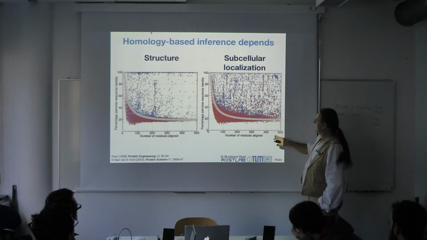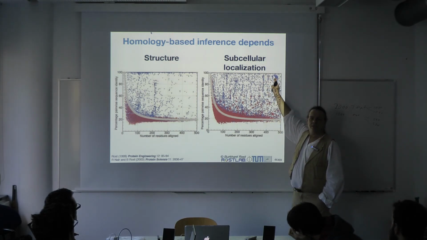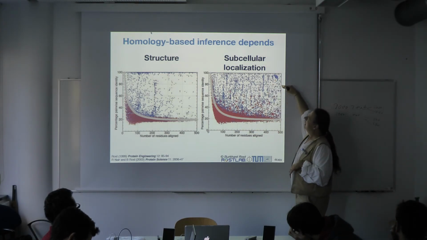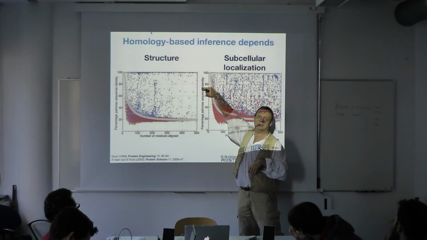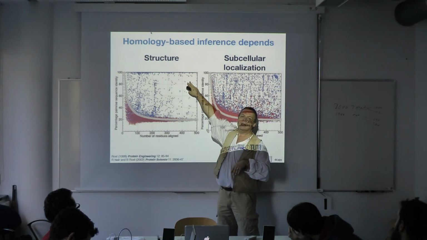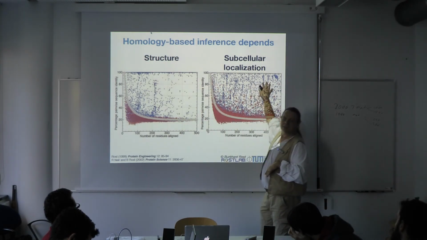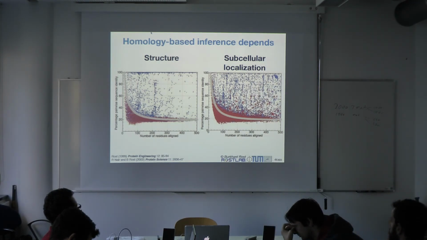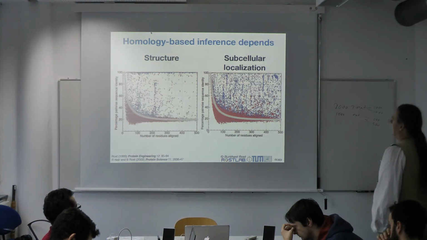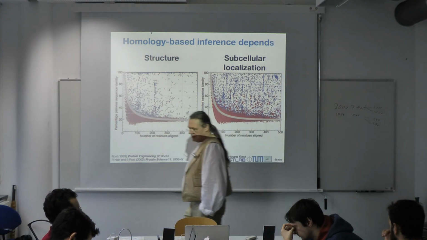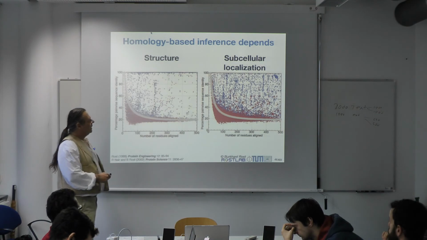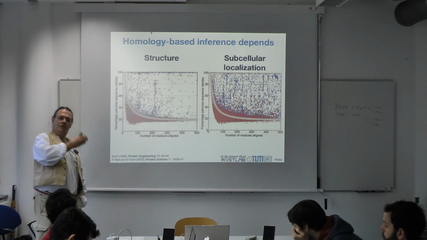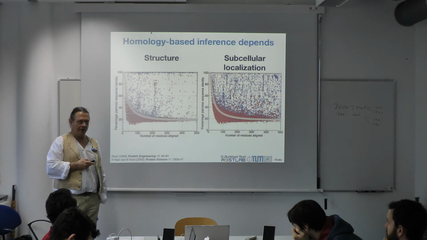So you have examples where you have a lot of residues aligned, so a long alignment, essentially the entire protein, and they have a high level of sequence identity. In structure, you never have a red one here. For subcellular localization, you do. And that means two things. One, it does sort of work, and it doesn't always work. It's not a surefire thing.